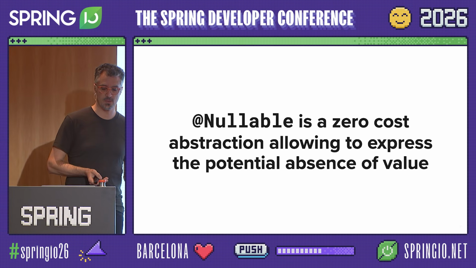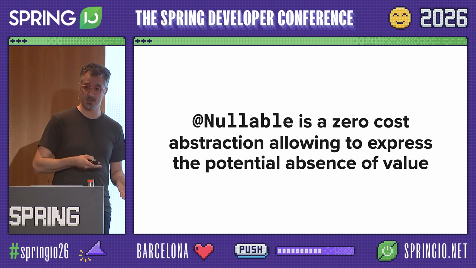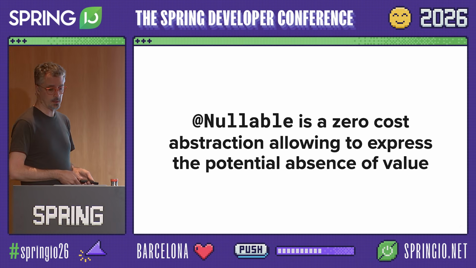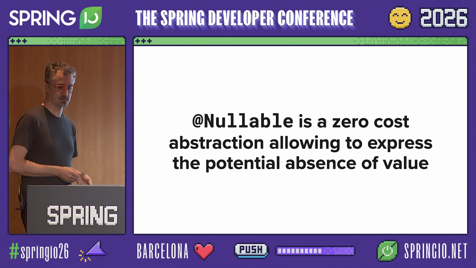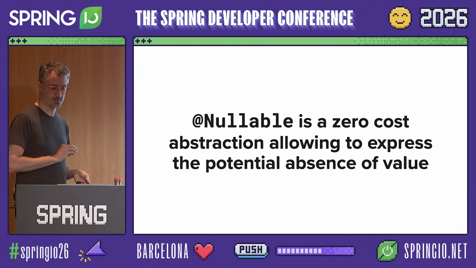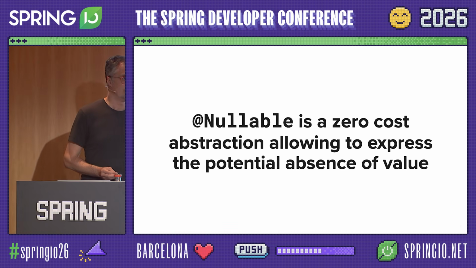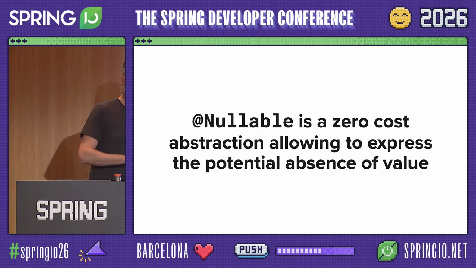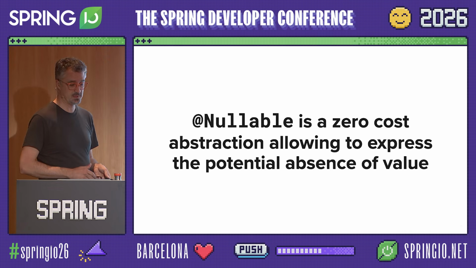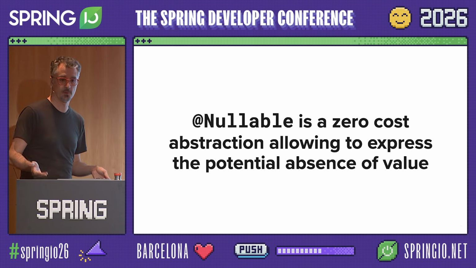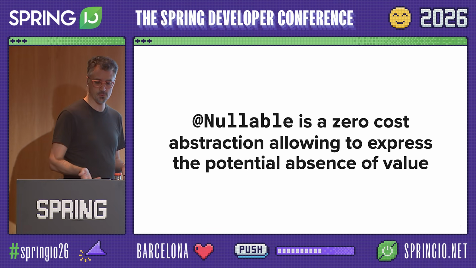But it's much more than just avoiding null pointer exceptions. When we introduced nullability in all Spring projects, and we did that recently in Spring AI, it had a profound impact. Nullable is a zero-cost abstraction allowing us to express the potential absence of a value. It was kind of implicit before, and now that it's explicit, it allows us to code with more confidence. Kotlin developers know what I mean, but that's also true on the Java side.